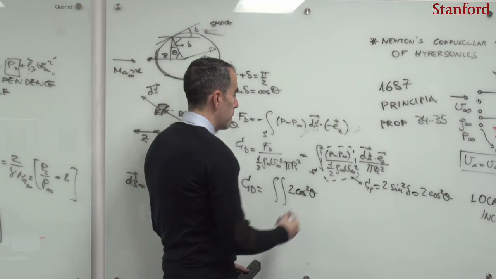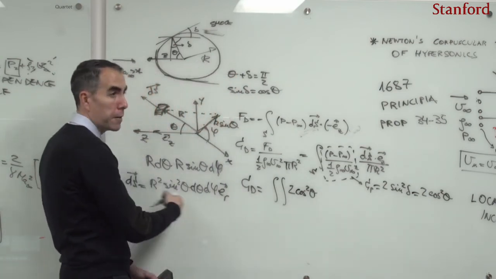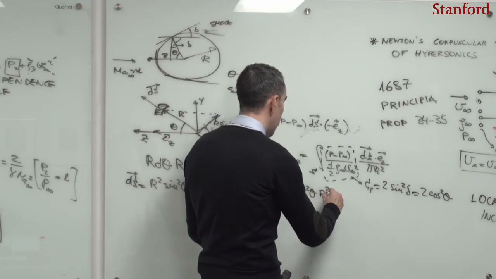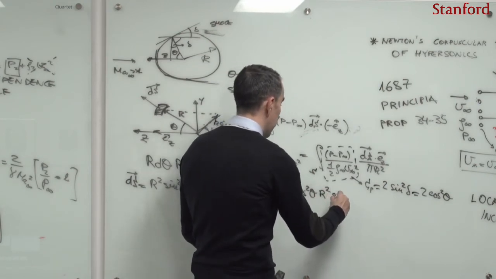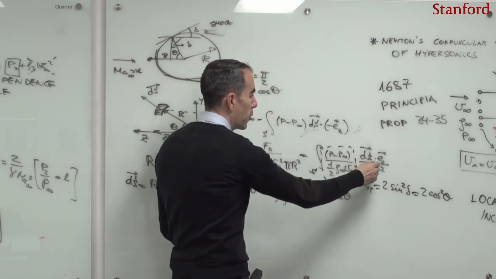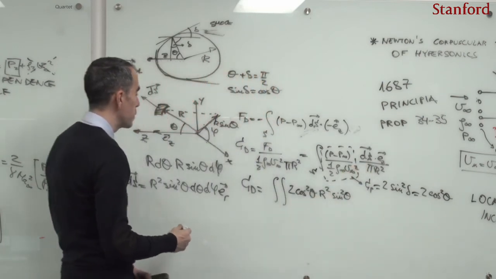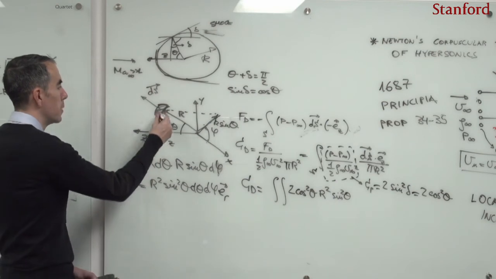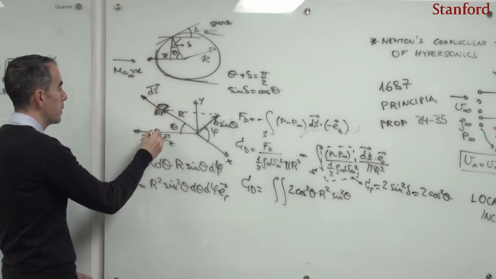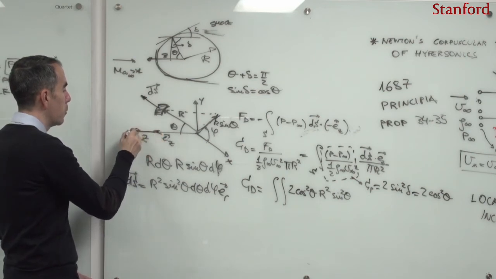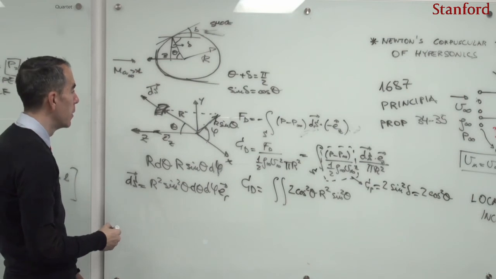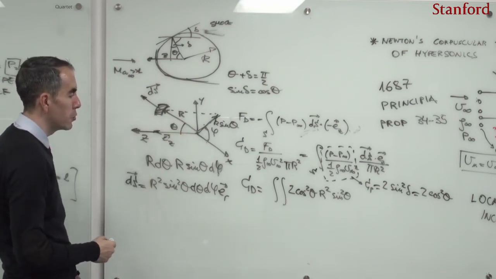Then I would need the element of surface that I have here, right? This element of surface is just going to be r squared multiplied by the sine of theta. Then I need the product of the element of surface multiplied by the z direction. So the element of surface, multiplied in a scalar way with the unit vector here, obviously is going to give me a cosine of theta, after doing the scalar product of those two vectors.